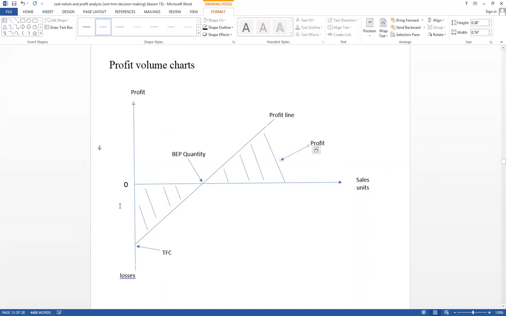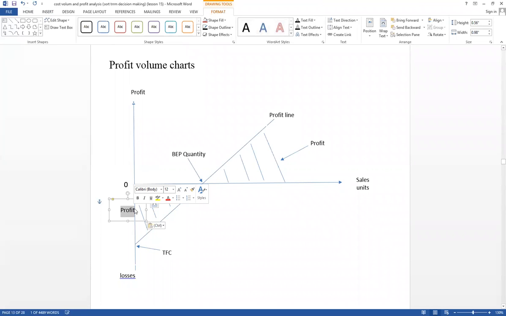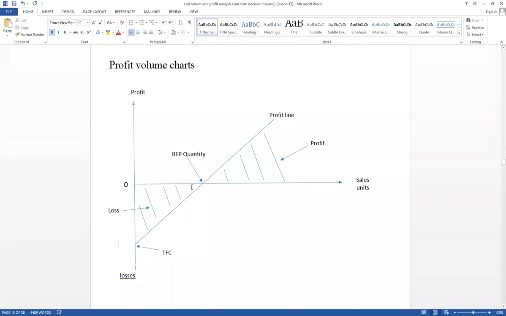And this is a loss. Think about profit, loss, break-even point quantity.